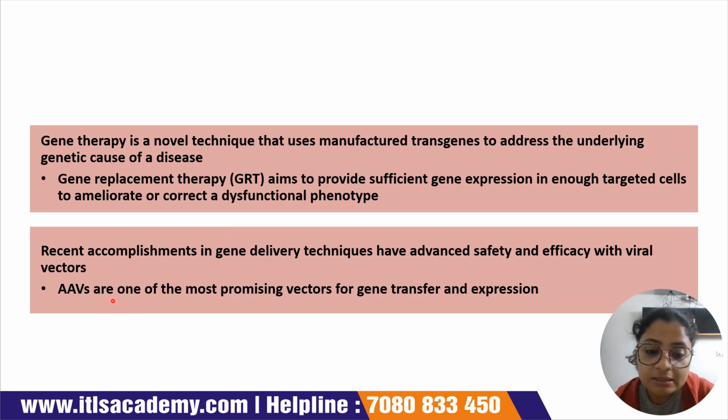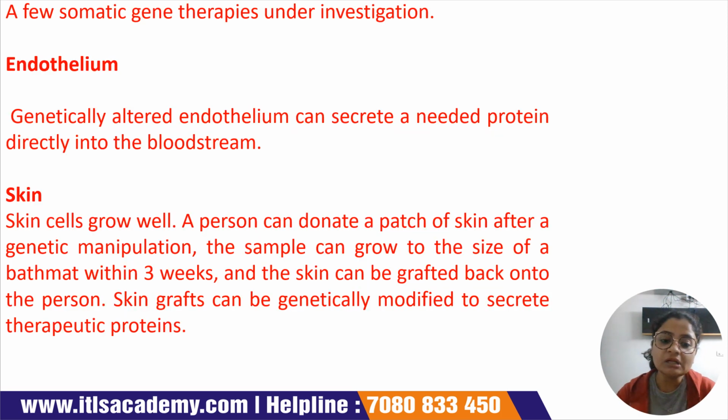Okay, recent accomplishments in gene therapy techniques have advanced safety and efficacy with viral vectors. AAVs are one of the most promising viral vectors for gene transfer and expression. I think this is something which I have already mentioned in the earlier session. Okay, now I have given a few examples of several somatic gene therapies which are still under investigation. Means they are still under the research level.